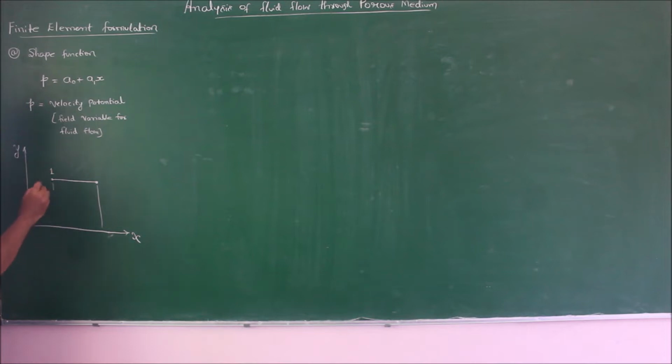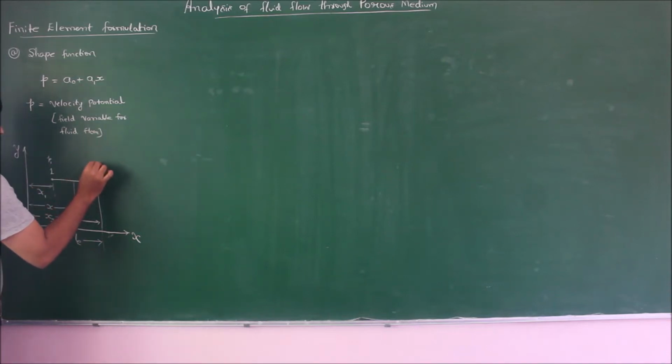Now consider an element in Cartesian coordinate. Let the distance of node number 1 be x1 and the distance of any point on this element be x and the distance of node number 2 be x2, whereas LE be the length of the element. At node number 1 we have the velocity potential as P1. At node number 2 we have the velocity potential as P2.